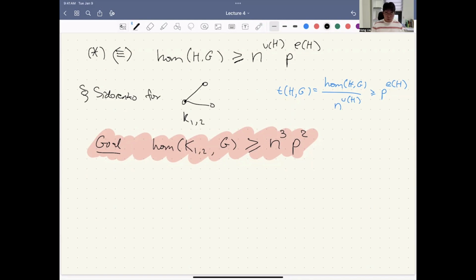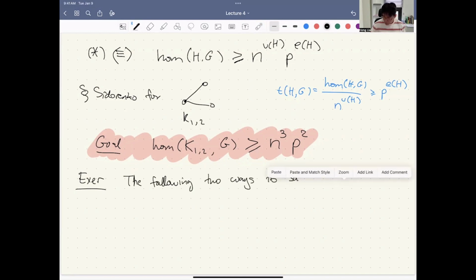And how we're going to sample is the following. First, let me write the exercise for you to do. Here's the exercise, and we're going to use it in this proof: the following two ways to sample edges in a graph are equivalent.